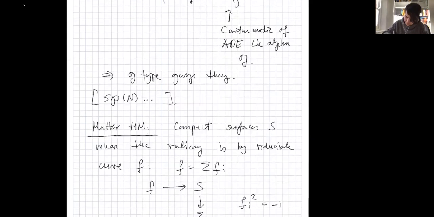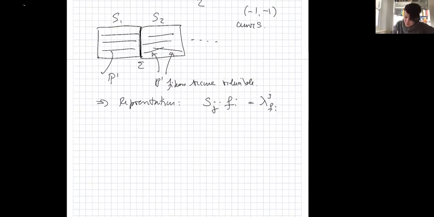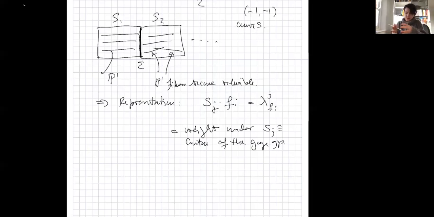So this is the weight under the Cartan associated with S_j, which is a Cartan of the gauge group. You intersect that with that curve, and it gives you that jth component of the weight. So that's how, from the geometry, we read off the gauge and the matter sector.